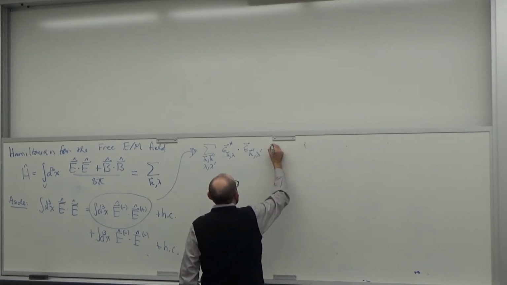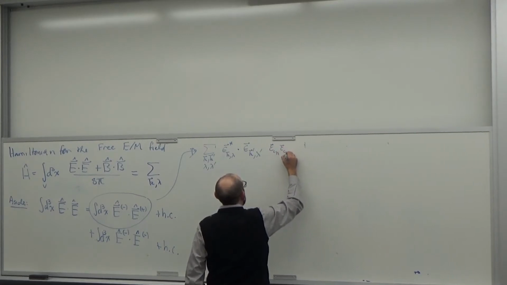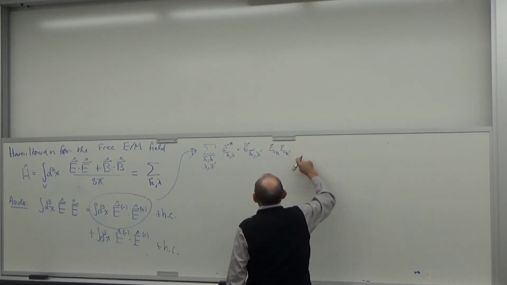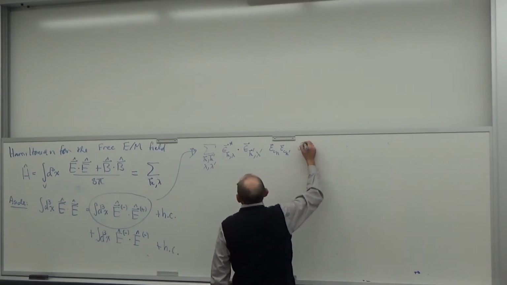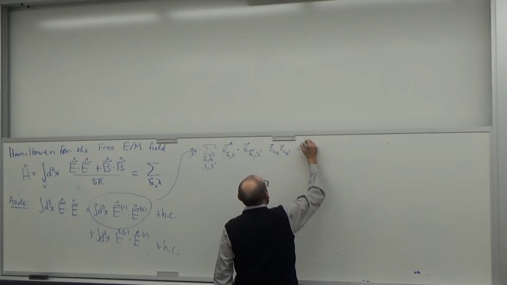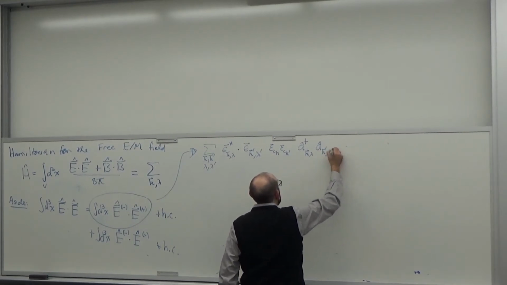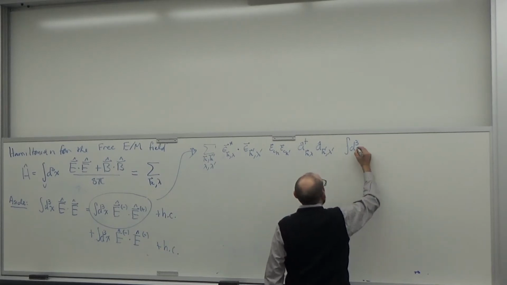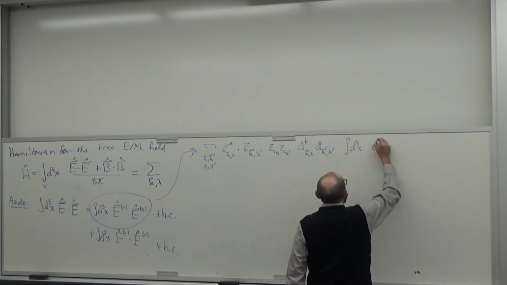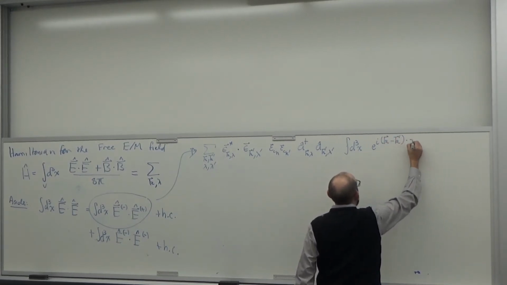I have the scale factors for k and k prime, and then I have A dagger k lambda, A k prime lambda prime, and then an integral over space of e to the i (k minus k prime) dot x.